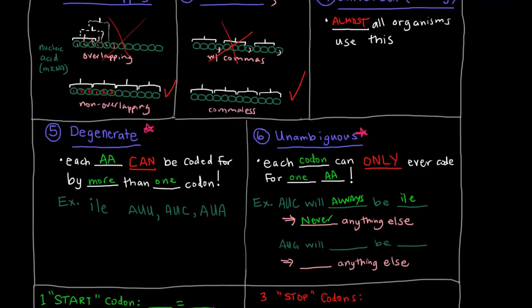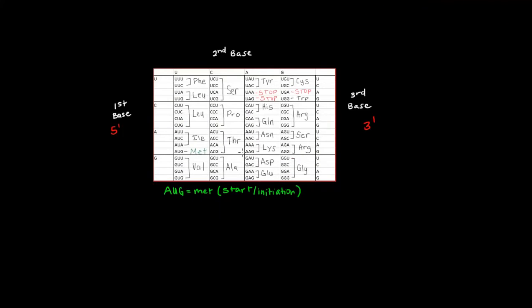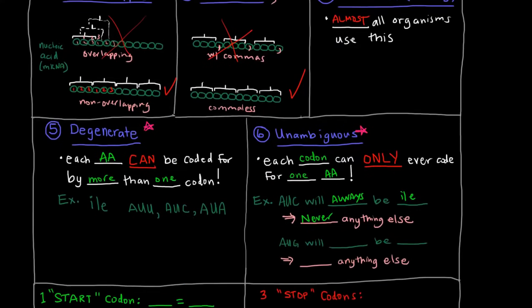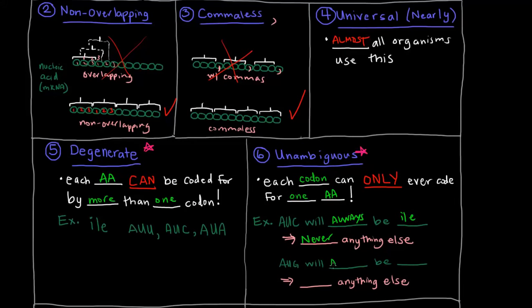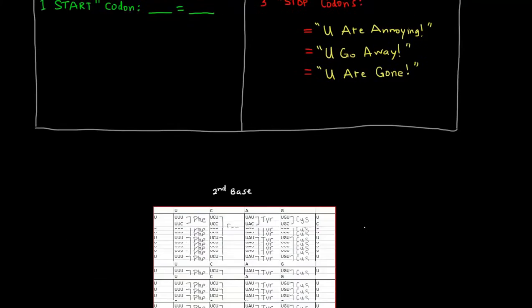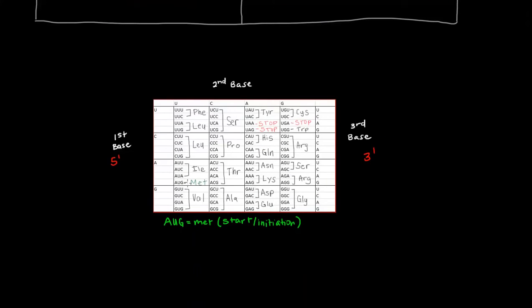If you look at the table here, AUC is going to be isoleucine for sure. There's nothing else it can be. If you have AUG, that will always be methionine, never anything else. If you go to the table, AUG is methionine.